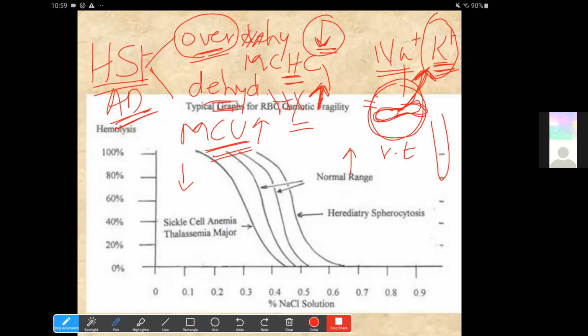For example, the overhydrated form is also known as hydrocytosis. In this case, the RBC would be filled with water, and the potassium and sodium ions would leak out. And the dehydrated form is the one that is known as hereditary xerocytosis. In this case, when the potassium leaks out into the exterior, it causes a familial form of pseudo-hyperkalemia.